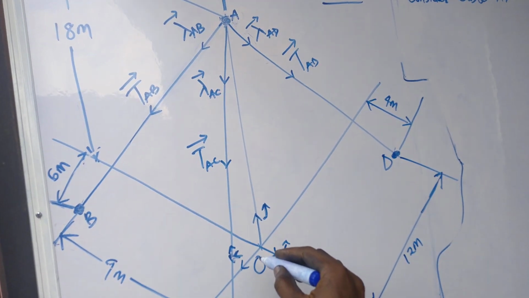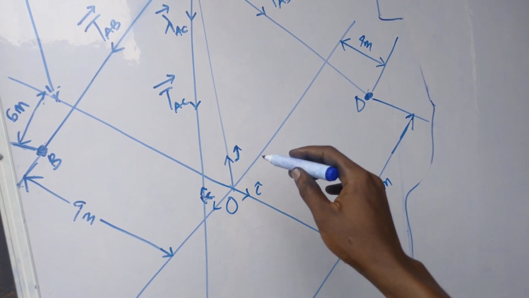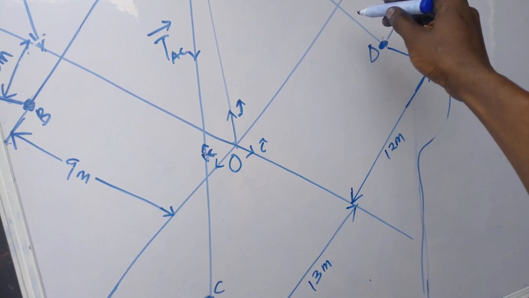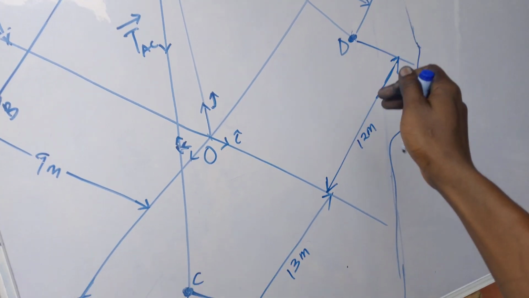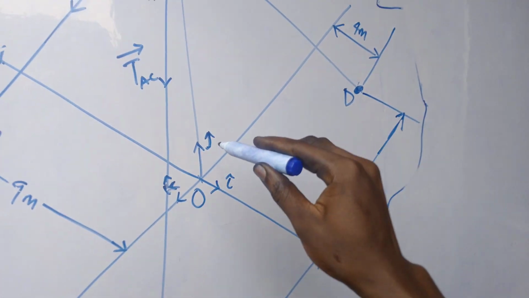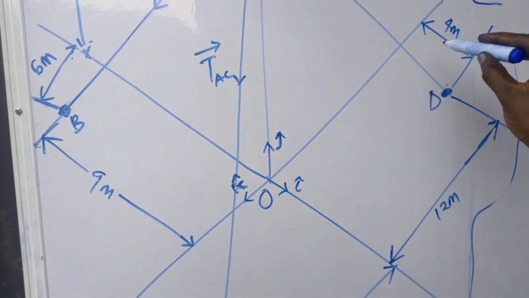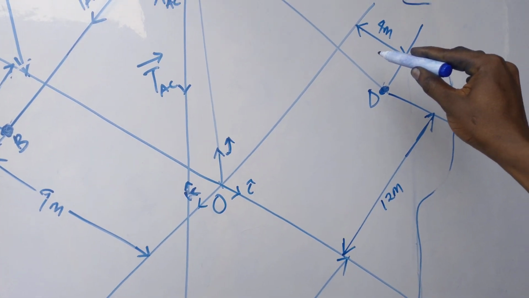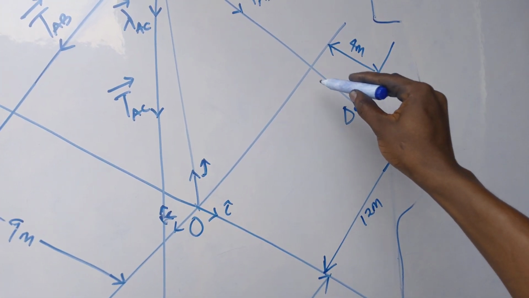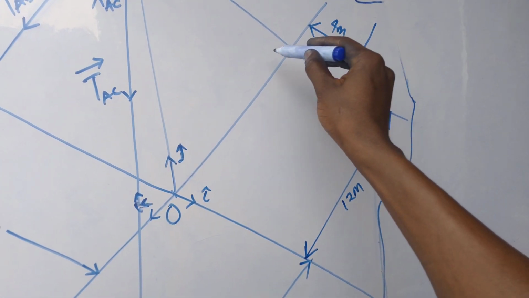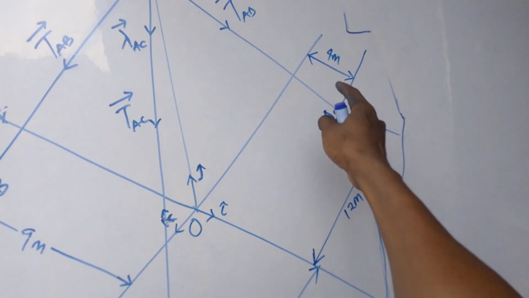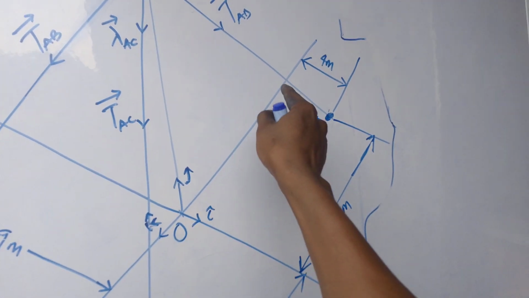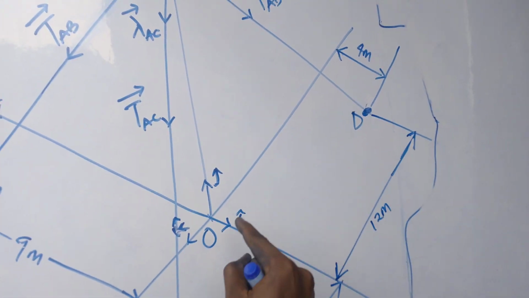Then I move like this. If I move like this, it is minus 12K. Remember, this is the distance. So from here now, I move like this, minus 12K. Finally, I come down to this place. I move down to this place. That is plus 4I.